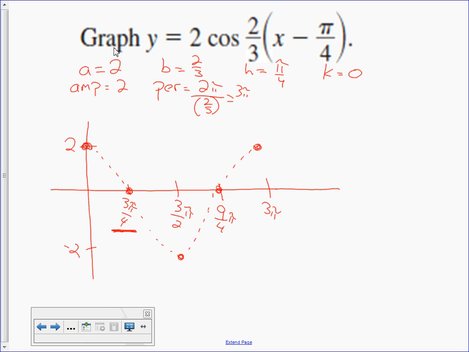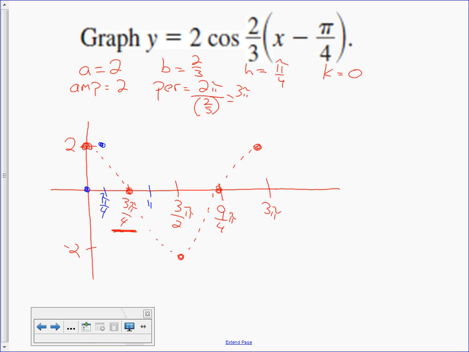And now I have to adjust my scale. Each one of these points needs to move to the right pi over 4. Okay? So instead of being at 0, I'm now at pi over 4. Do you agree? Okay. Instead of being at 3 pi over 4, I add a pi over 4 to it.